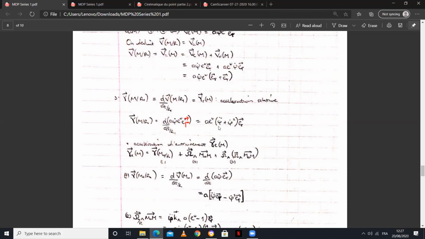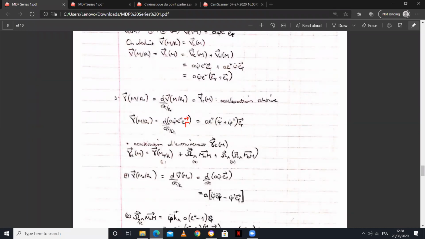R1 is moving with respect to R. So e rho is only going to be mobile when we're studying it in R, le repère absolu. But if we are in R1 itself, it's not moving with respect to itself. It's fixed in R1.